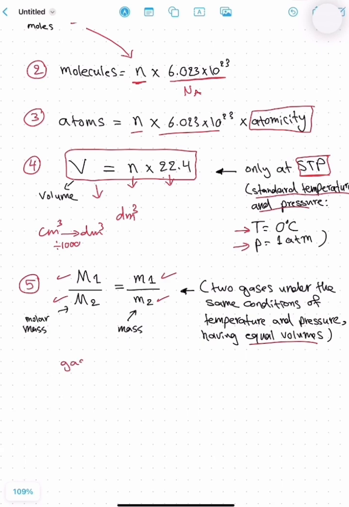This is gas 1, gas 2, write down their names. Mass 1, molar mass 1, you calculate it if it is possible. Mass 2, molar mass 2, you calculate it if it is possible. If not, it should be unknown, so you cross multiply and you calculate it.